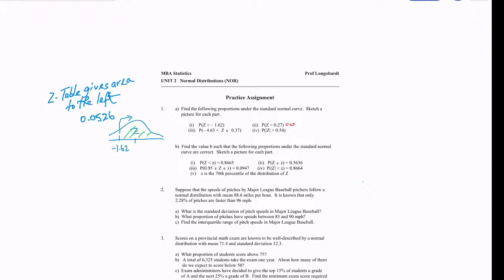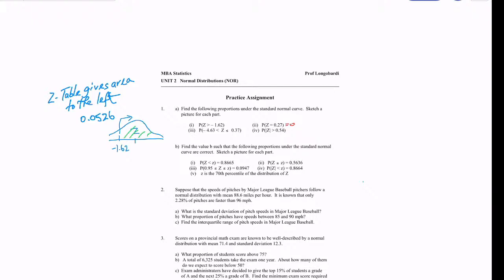So what is the area greater than that? We need to compute, so remembering the mechanics of this, it is 100% for the area under the curve.